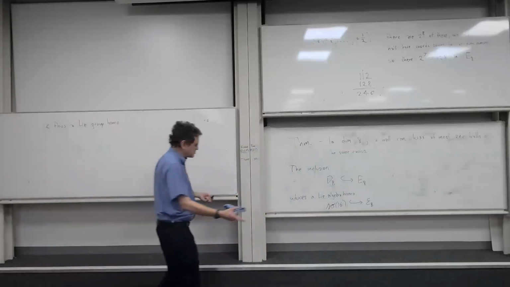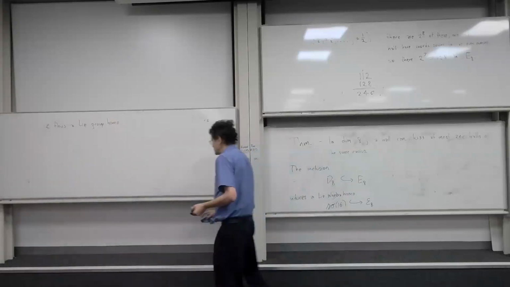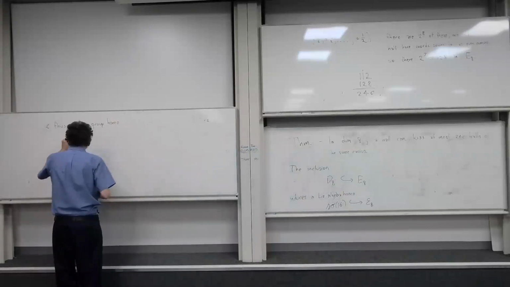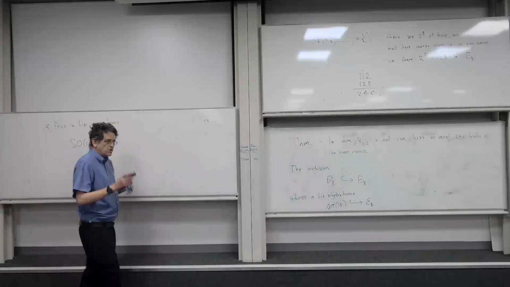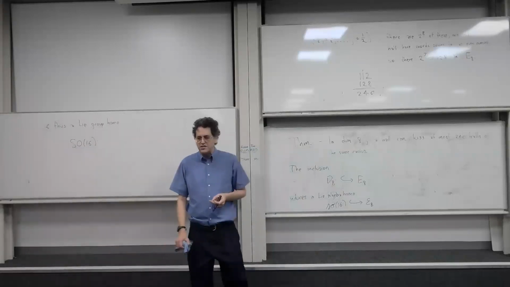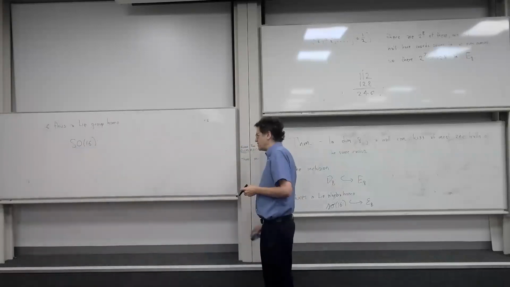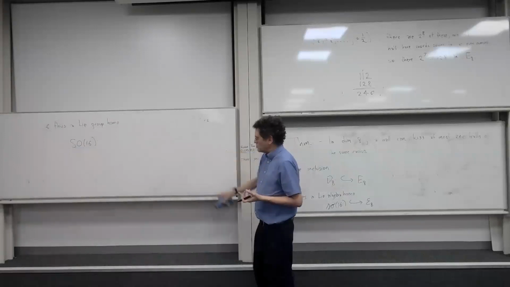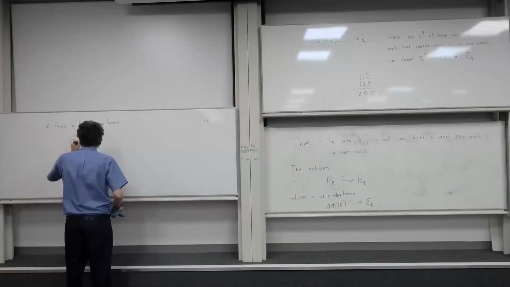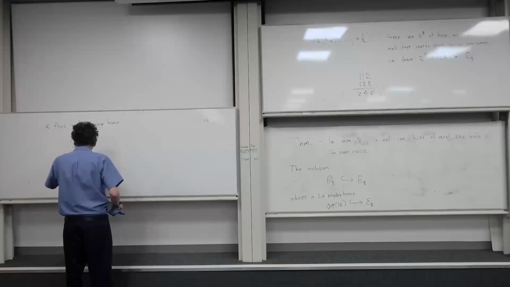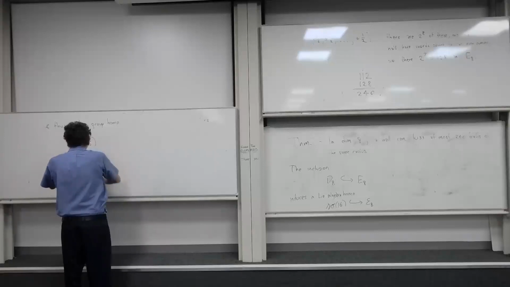So the most obvious Lie group whose Lie algebra is SO16 is called SO16 in big capital letters. That's the rotation group in 16 dimensions. But that one's not simply connected. It has its fundamental group Z mod 2. So we have to take its double cover to get a simply connected one. And this has a name, by the way, for those of you who are into this stuff. That's called the spin group.